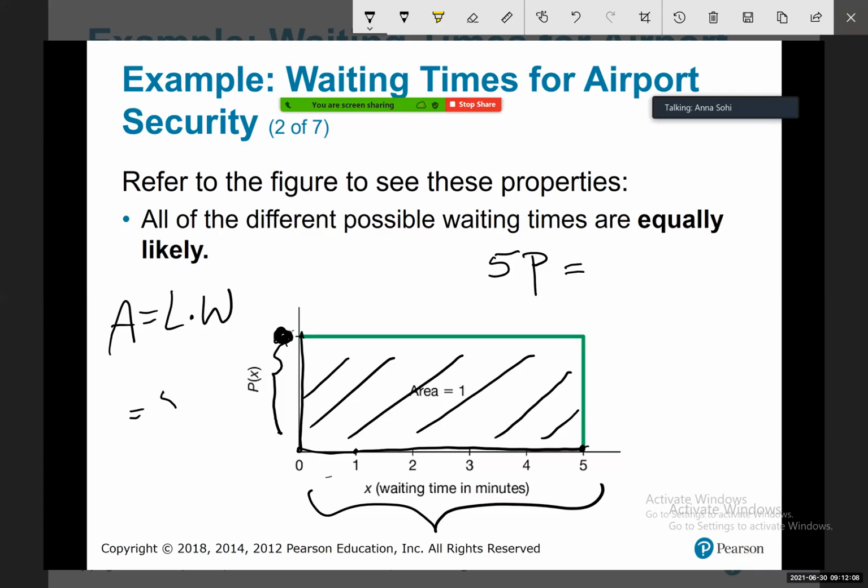Length is 5, width is p, equal to 1. In order to find p, you divide both sides by 5. P is 1/5. If you use your calculator, you see it's equal to 0.2. So that's why you know that this width here is 0.2. Then all of the different possible waiting times are equally likely, and it's 0.2.